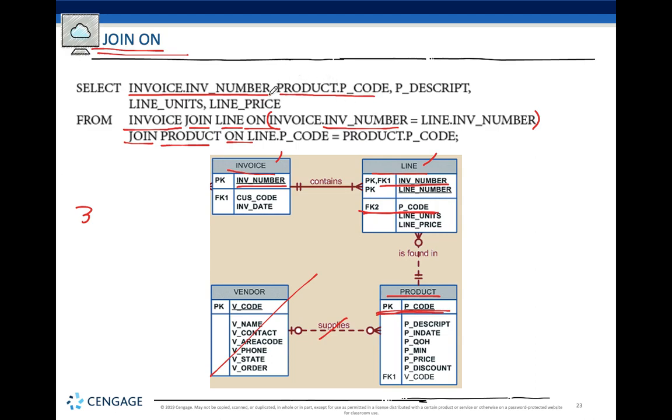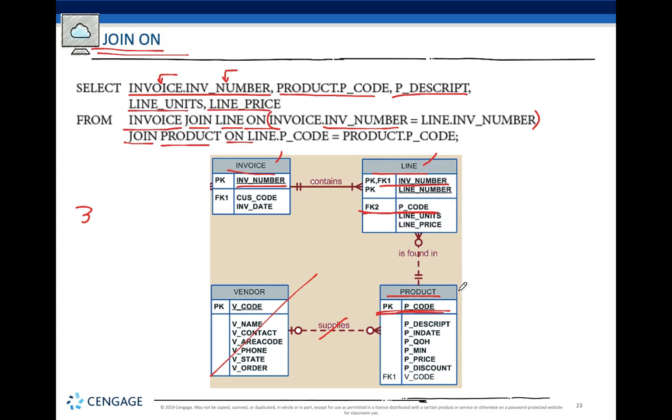Why is that? Because we are specifying that pull the invoice number from the invoice table. Invoice number exists in both the invoice and the line tables. We're asking to pull it from the invoice table. Similarly, product.pcode, meaning we're asking pcode from the product table.